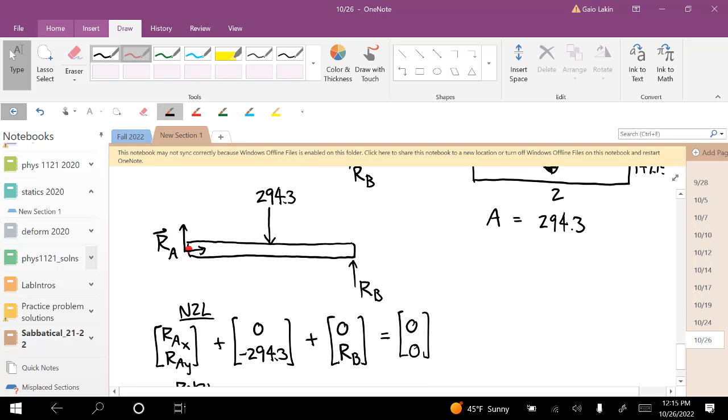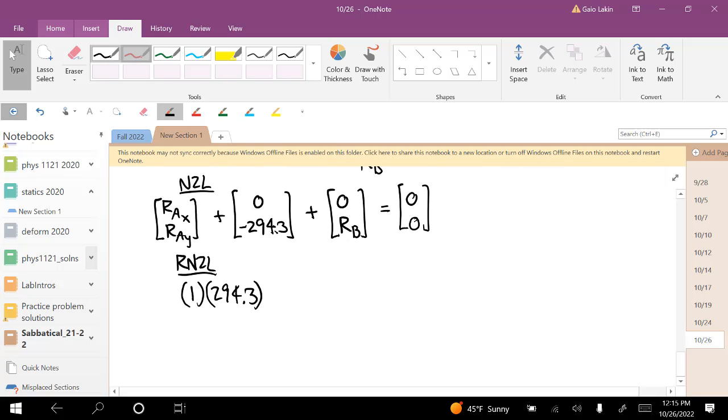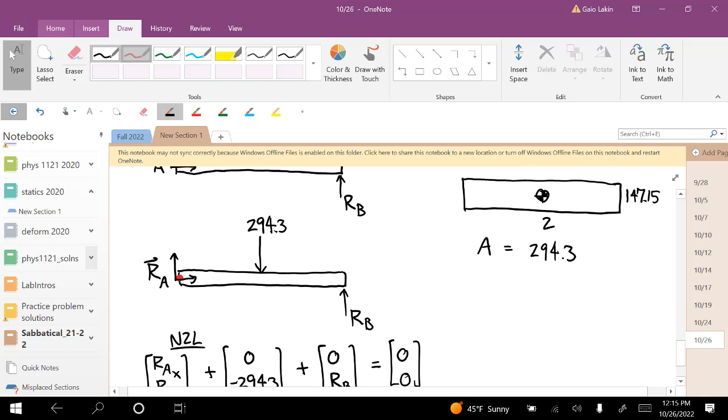And would that make it rotate clockwise or counterclockwise? Clockwise, so that's negative. And then, well, I'll do the sign in a second. Moment arm of 2 for the reaction force RB. Would that upward force RB make it rotate clockwise or counterclockwise?